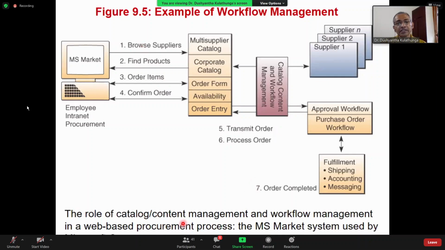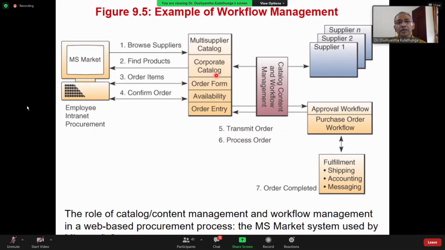This is related to procurement, so it is a repetitive task that we perform from time to time. Therefore, it can be identified as a workflow, and we can use workflow management software to automate the particular process.